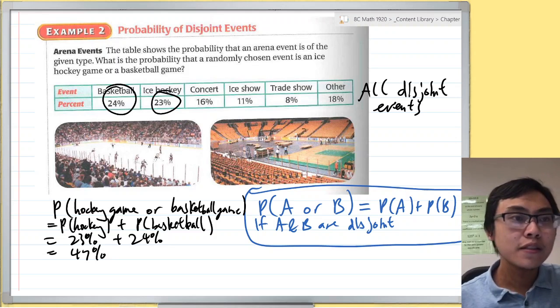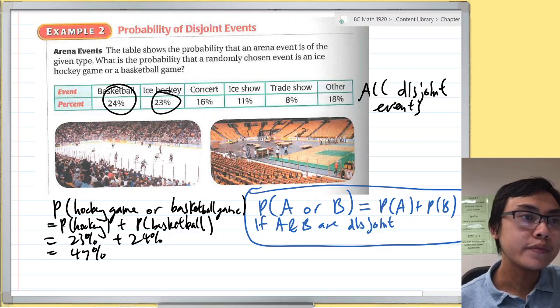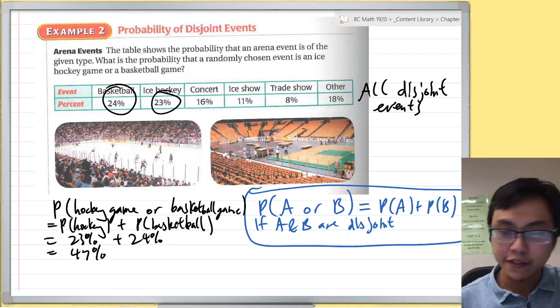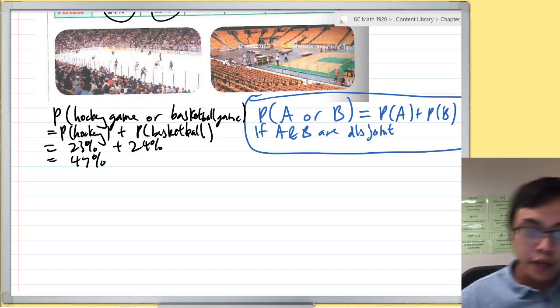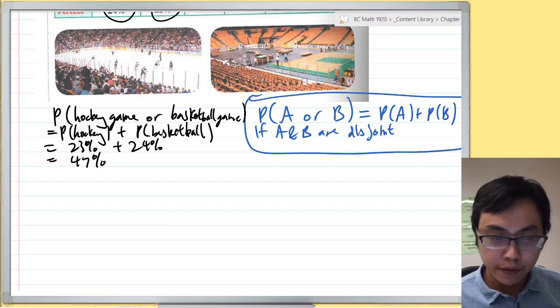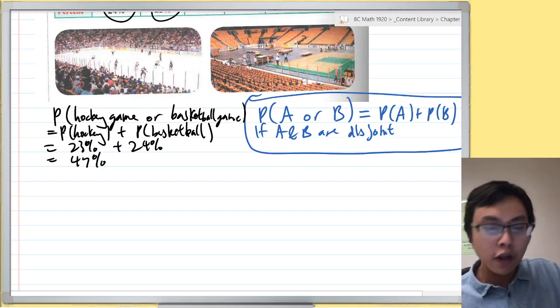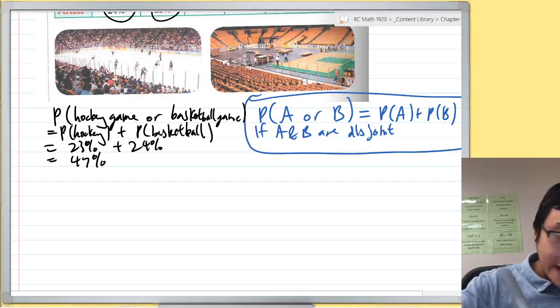Now, last term: we have something called complementary events. The last term I want to mention, I know this lesson is running quite long, it's 21 minutes, but last point.